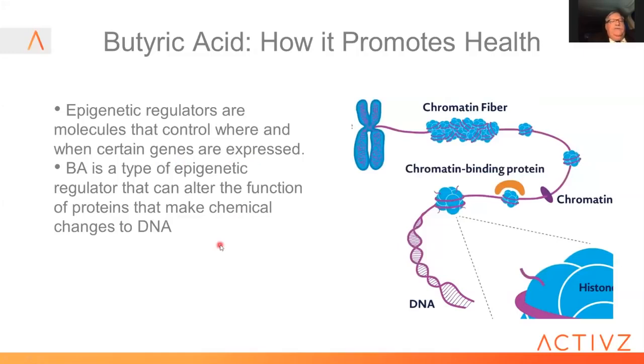Those of us familiar with the NRF2 activator in genomics, this is what we're talking about: the ability of a protein to enter the nucleus and turn these gene expressions on or off. Butyric acid is a type of epigenetic regulator, and it can alter the function of proteins that make these chemical changes to our DNA.